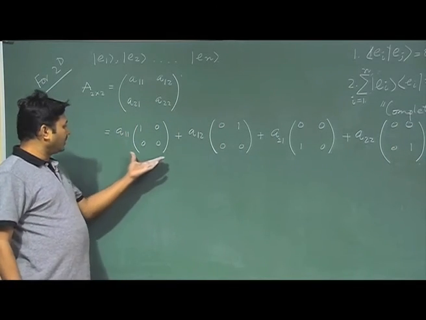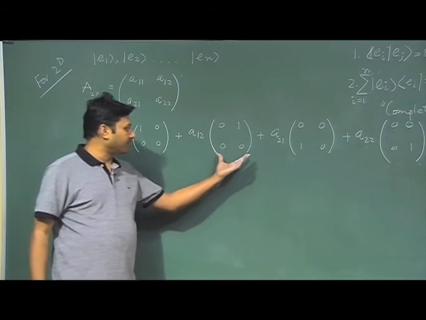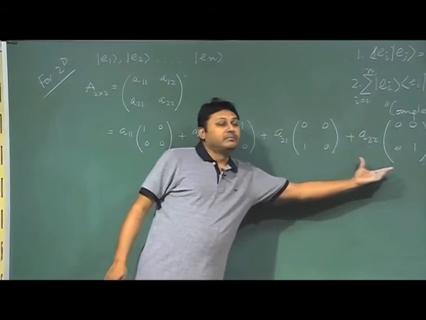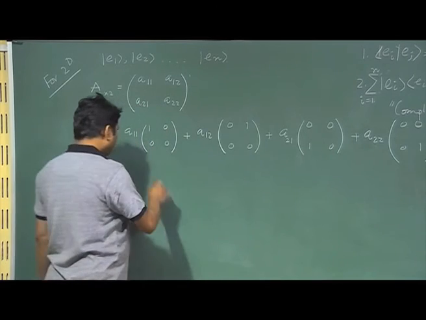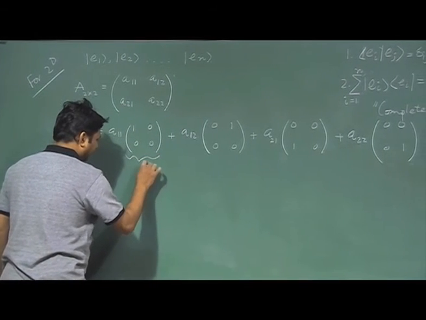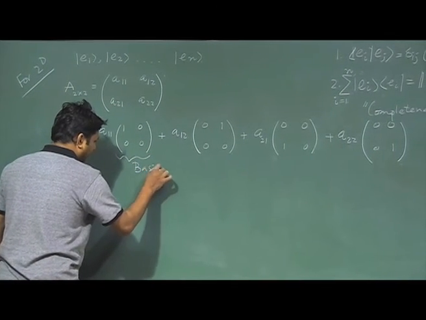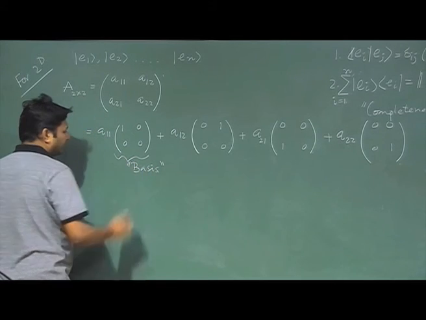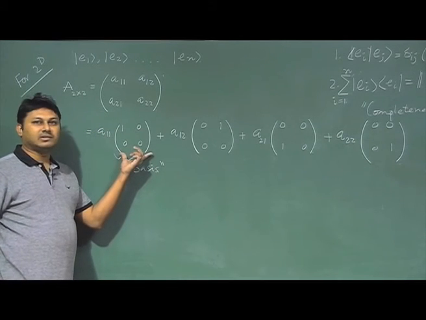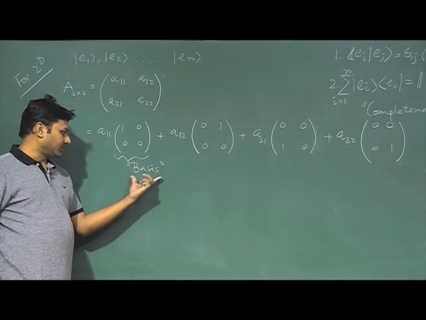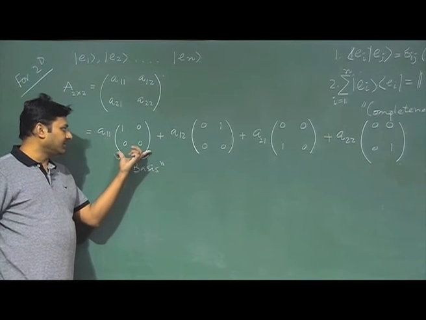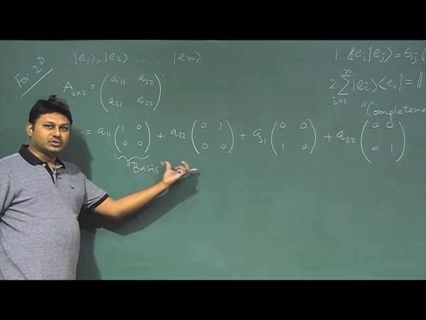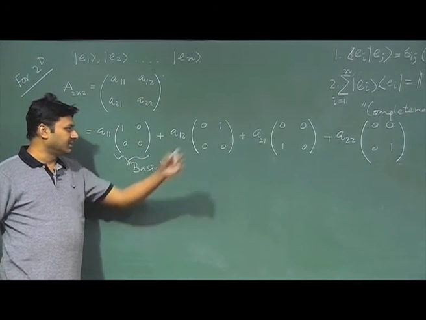So what I do is multiply each component with some matrix of this form. This is called the basis. Like the vector, this is also called a basis, but this basis is for the matrix decomposition. So this is one basis, this is another basis, this is another basis.